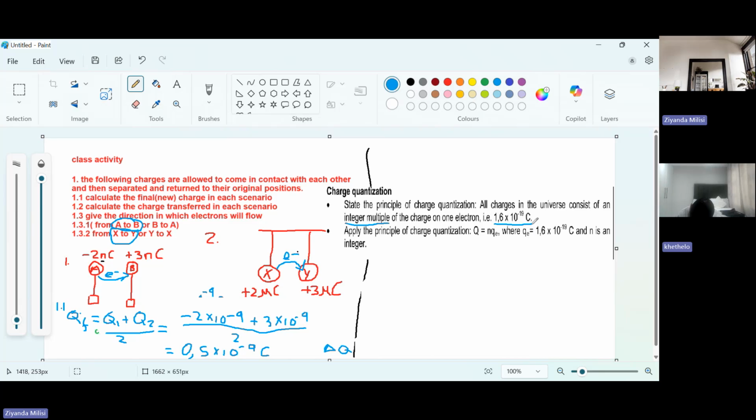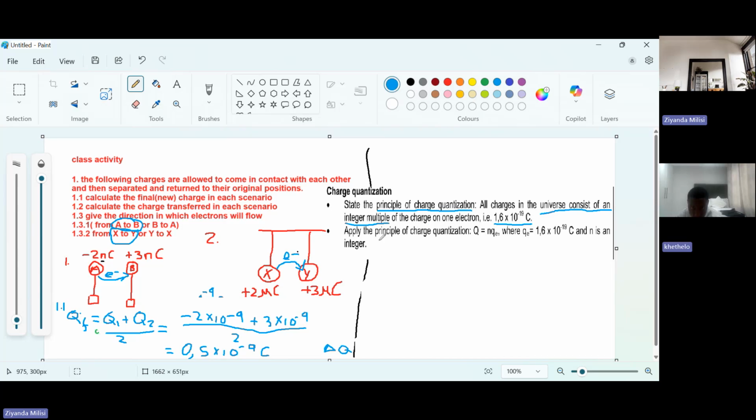All charges in the universe consist of this integer multiple. So that is the principle of charge quantization. If you are asked to state it, it is that all charges in the universe consist of an integer multiple of the charge of an electron, which is 1,6 times 10 to the power negative 19.